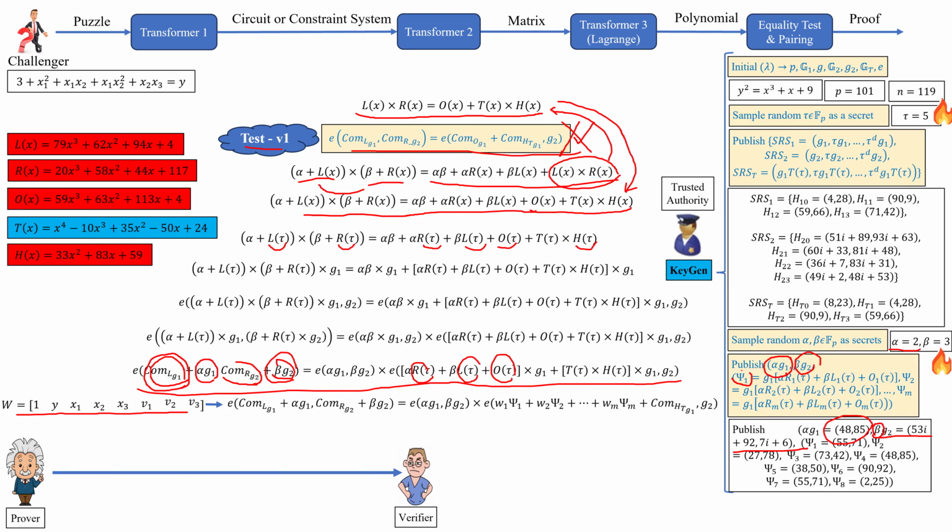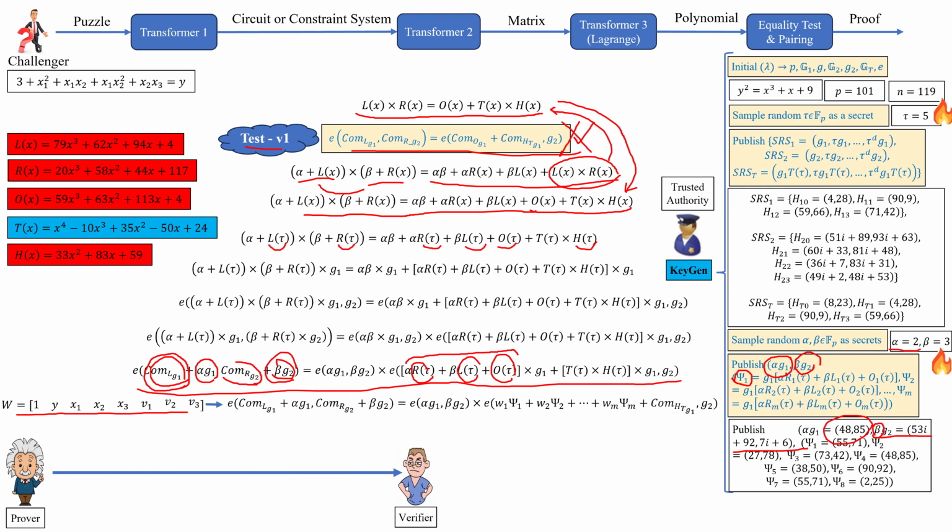So psi1 equals G1 multiplied by alpha R1 tau plus beta L1 tau plus O1 tau. So from here, alpha multiplied by R plus beta multiplied by L plus O of tau.